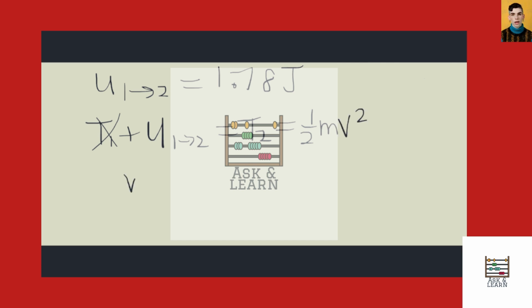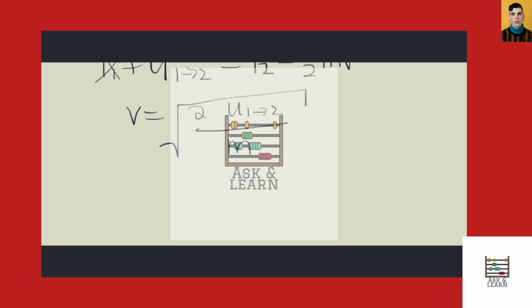Solving for v, we get the square root of 2 times U1 to 2 all over the mass, and our final answer is 0.59 meters per second. And that's our final answer.